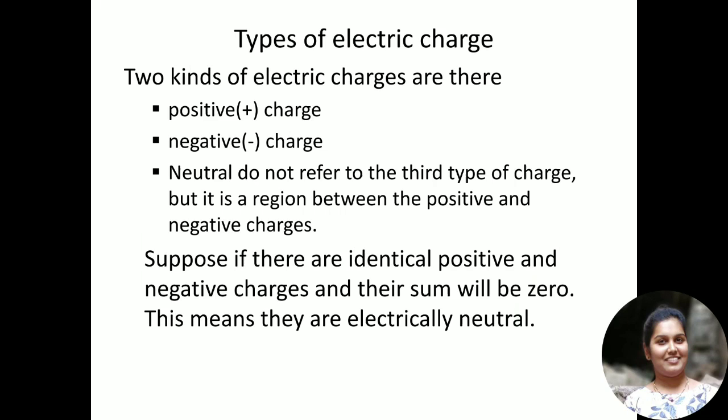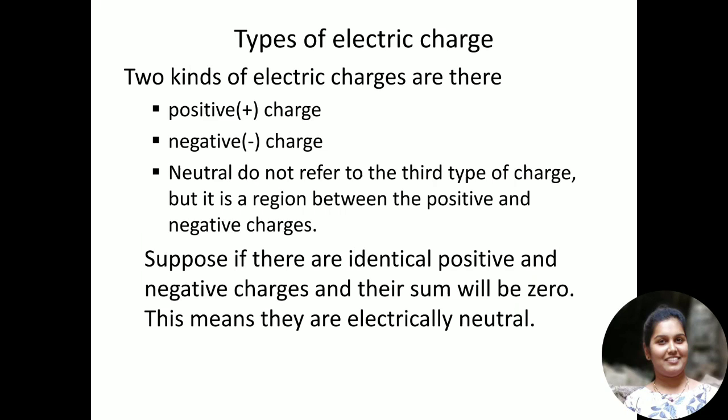The first one is positive charge, the second one is negative charge. Neutral charge is not referred to as a third type of charge, but we say it is a region between the positive and the negative charges.